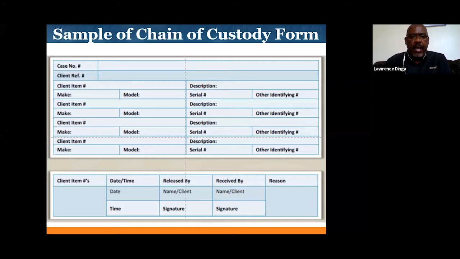That is just a sample chain of custody form. You can see I put there case number, client reference, reference item, description. So it depends, but it is important to capture each and every piece of information for the evidence on the chain of custody form.